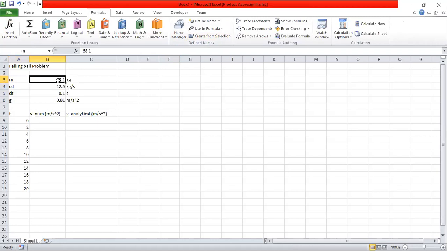When I click this value 68.1, you can see M showing here. That shows that the value 68.1 has been assigned to M. The same thing, when I click this one, 12.5, you have CD. Same with this and this. So 9.81 has been assigned to G.